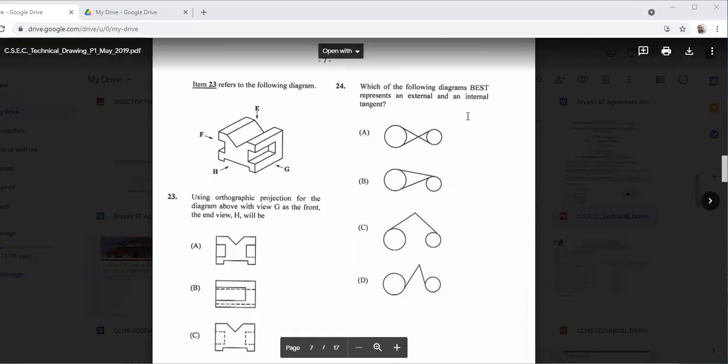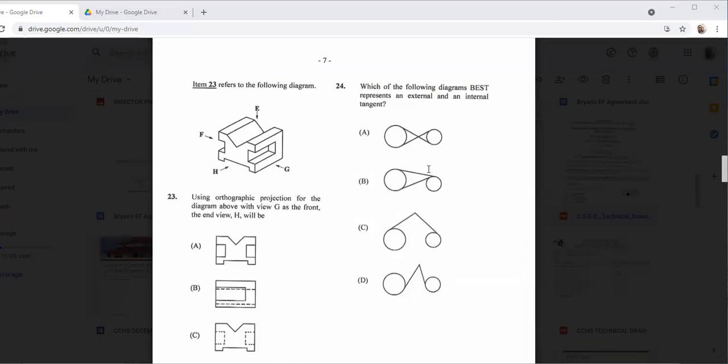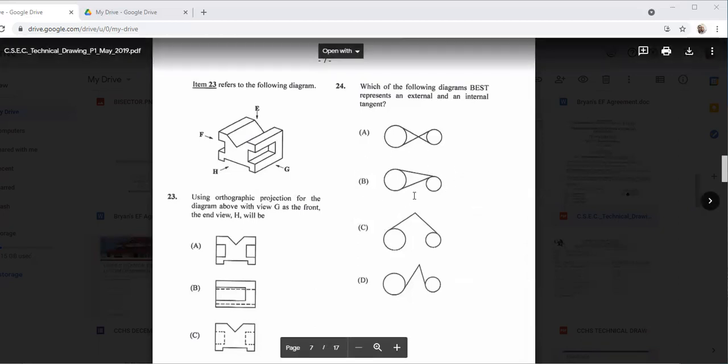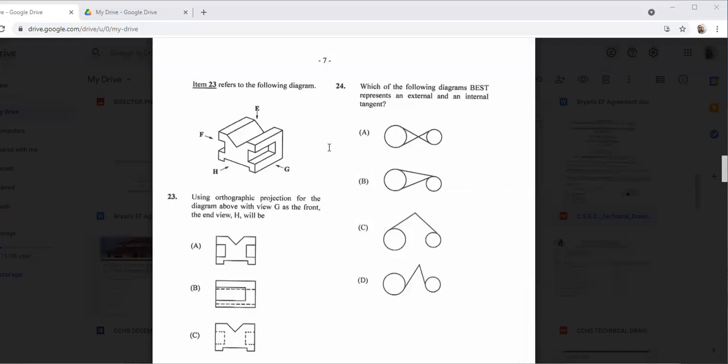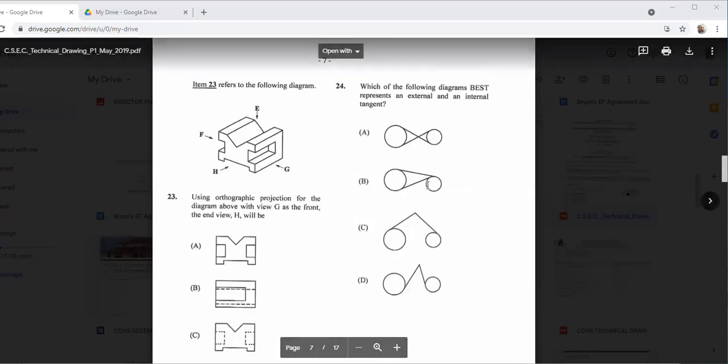External and internal tangent. This one here, B, external, internal.